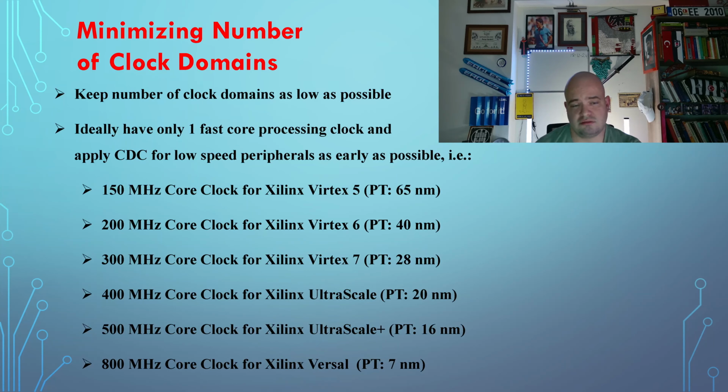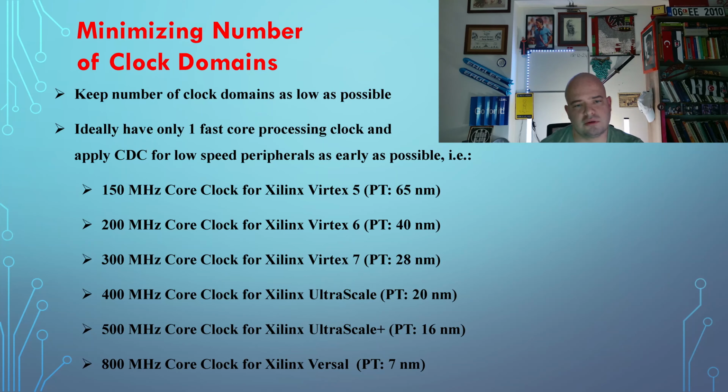And it is really important to apply clock domain crossing from low speed peripherals to that fast high speed core processing clock as early as possible.